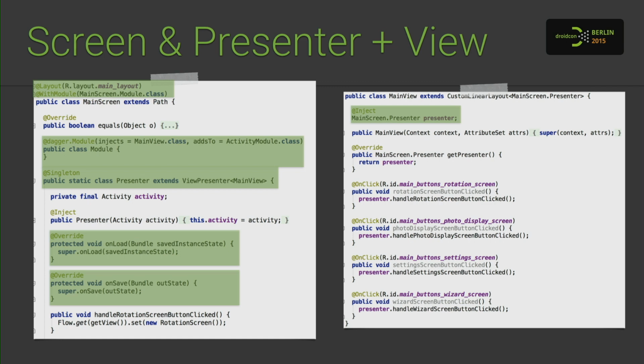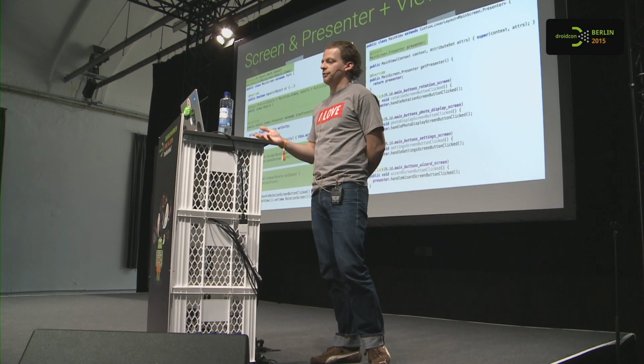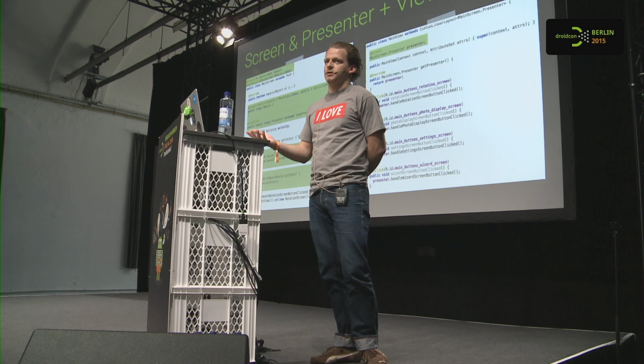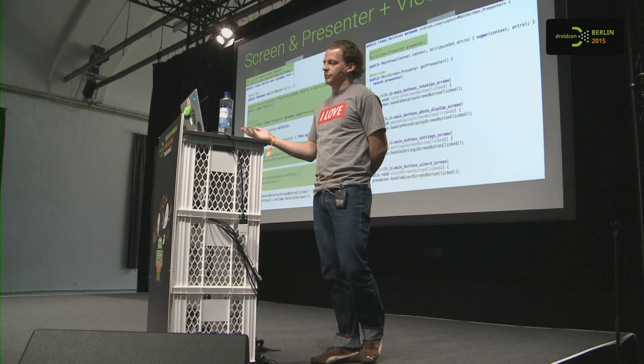You also notice that the presenter is a singleton. So what that means is even when your activity is destroyed on rotation, your presenter actually persists. So any state that was within the presenter is still there after your activity and views get recreated.